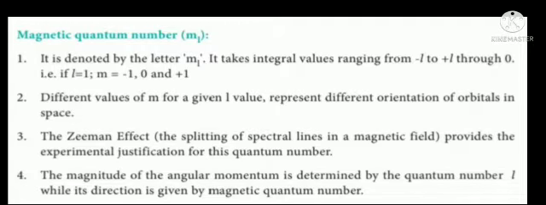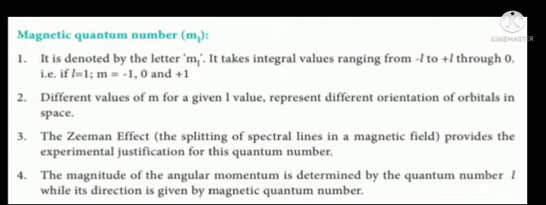One more example, if L equal to 2, it represents d orbital. Then the m values run from minus 2, minus 1, 0, plus 1, plus 2. Therefore, d orbital contains 5 orbitals.